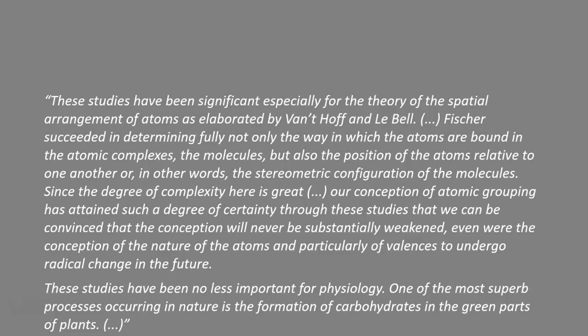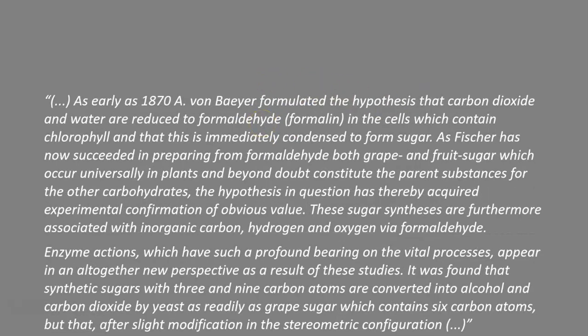One of the most superb processes occurring in nature is the formation of carbohydrates in the green parts of plants. As early as 1870, A. von Baeyer, also a later Nobel Prize winner, formulated the hypothesis that carbon dioxide and water are reduced to formaldehyde or formalin in cells which contain chlorophyll, and that this is immediately condensed to form sugar.